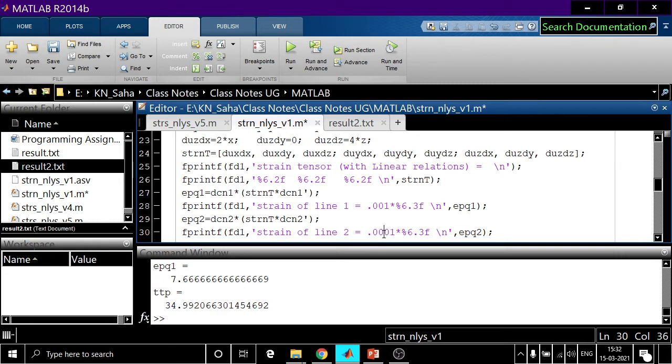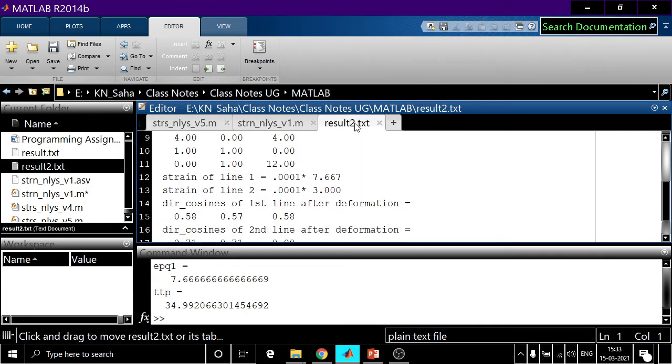Actually, that will not make any difference, because this part is not part of the calculation. This value is written as 0.0001, but these values will remain the same.